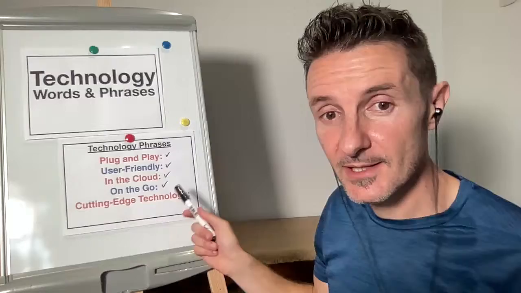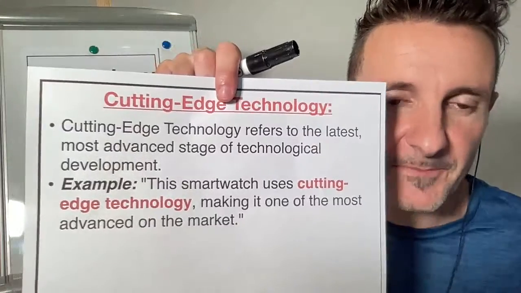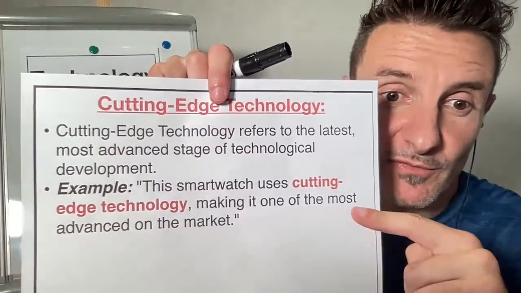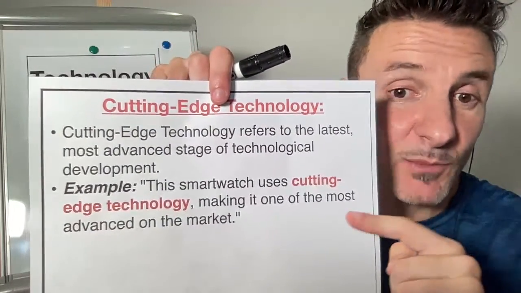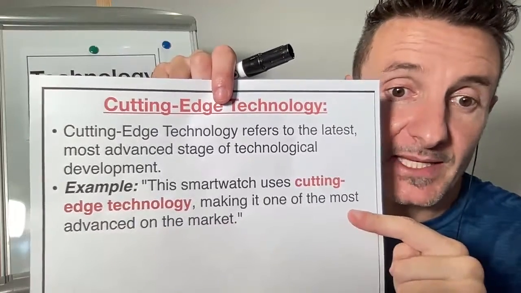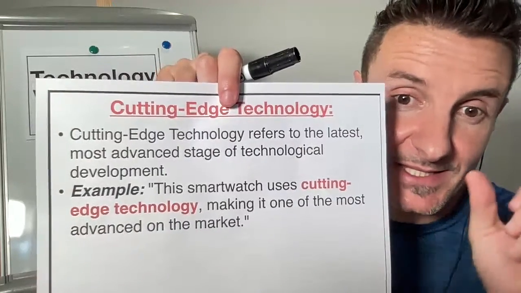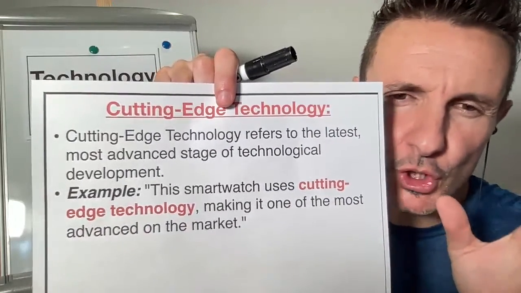Cutting edge technology. Let's look at a sentence to help us understand how to use that phrase. The smartwatch uses cutting edge technology, making it one of the most advanced on the market. That means this new smartwatch is so good.